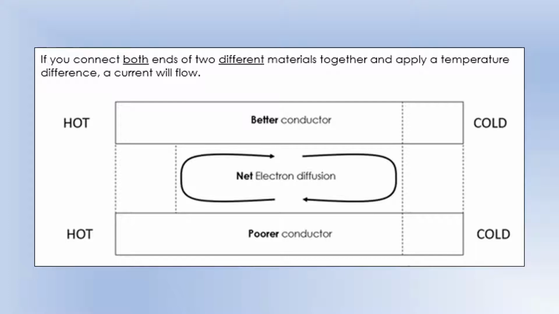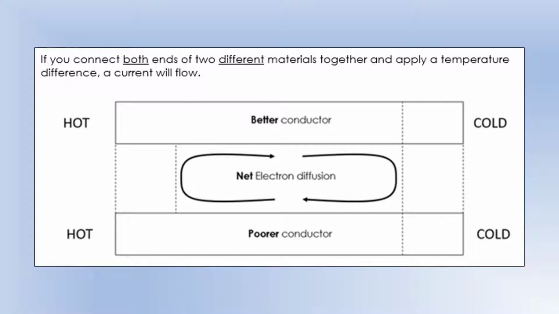The electrons in the better conductor would flow from left to right along the top, then they'll come down and start flowing through the poorer conductor. Electrons in the poor conductor are still trying to go from hot to cold, but in the better conductor the electrons are diffusing faster, so we get an overall net electron diffusion going around essentially clockwise in our circuit.